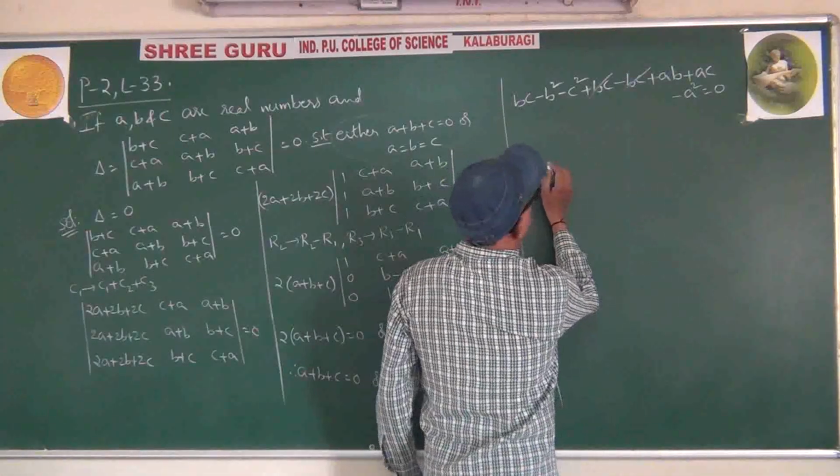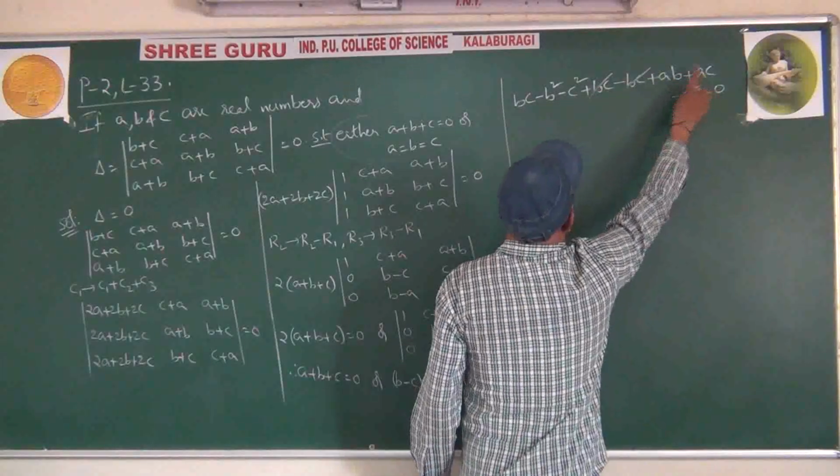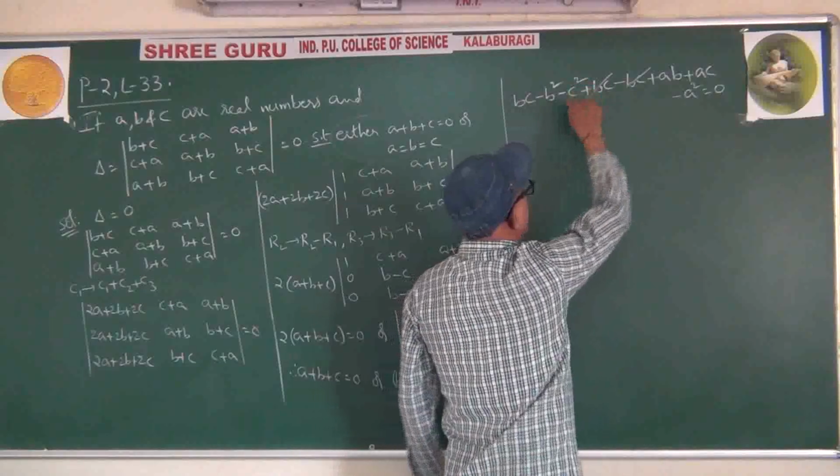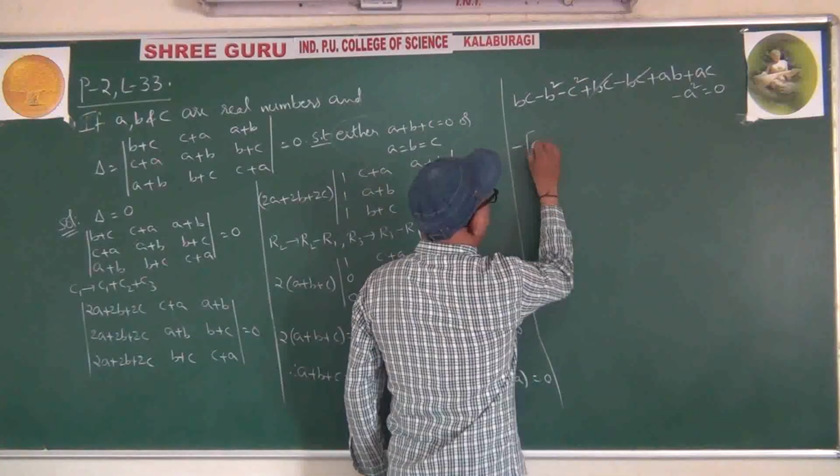Then what I am doing? ab plus bc plus ac minus a square minus b square minus c square is there. To make it systematic, I am taking minus common.